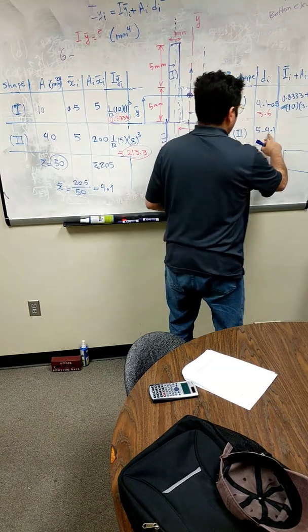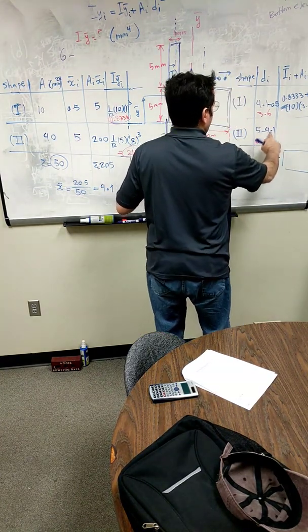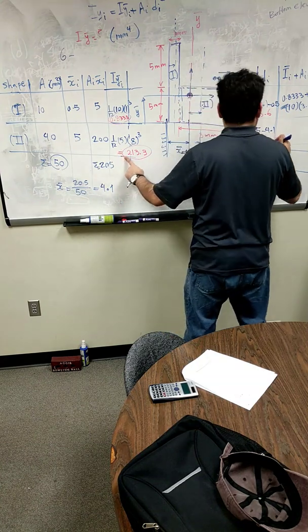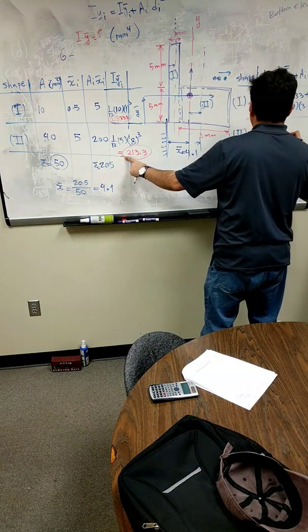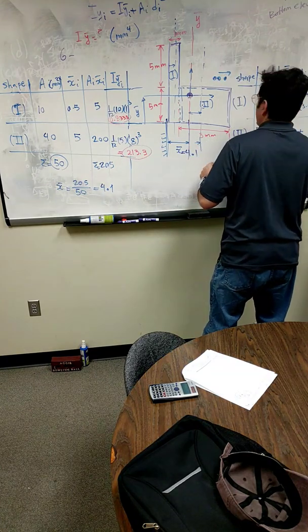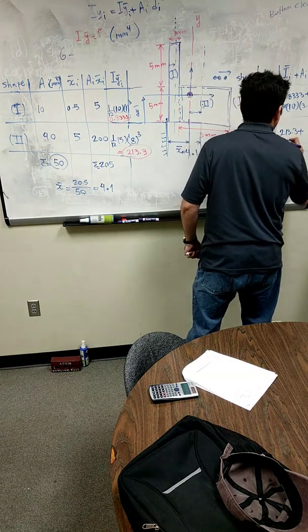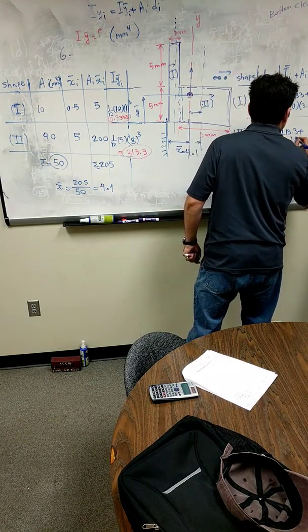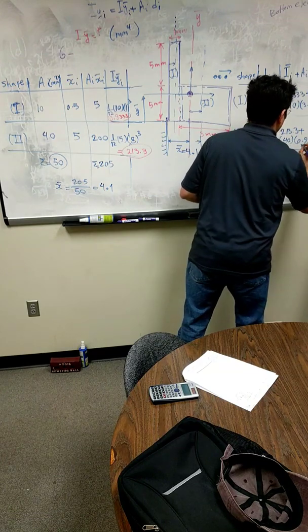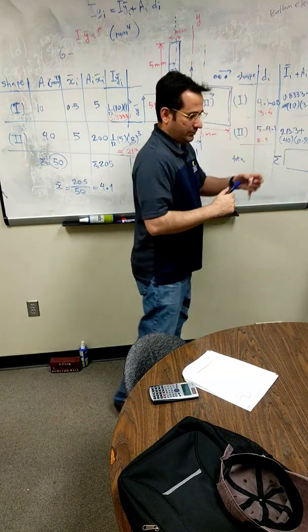The second one, I_y bar 2, which is 213.3, plus A2, which is 40, times d2, 0.9, squared. Let's put it in the calculator.